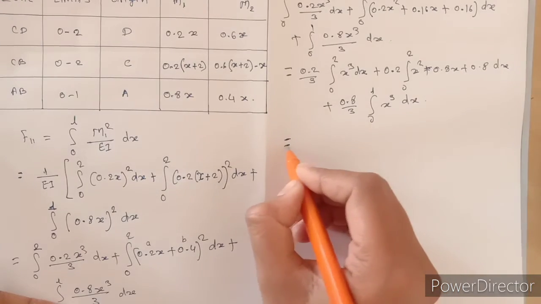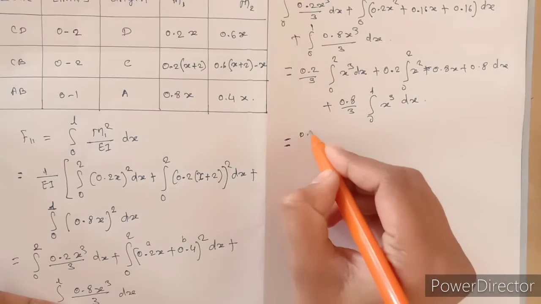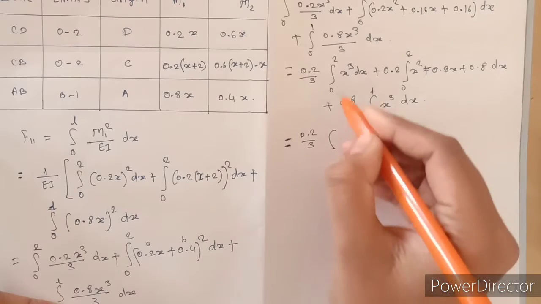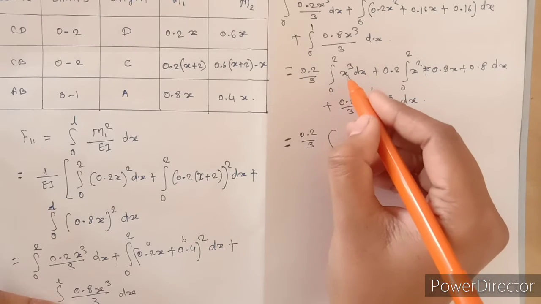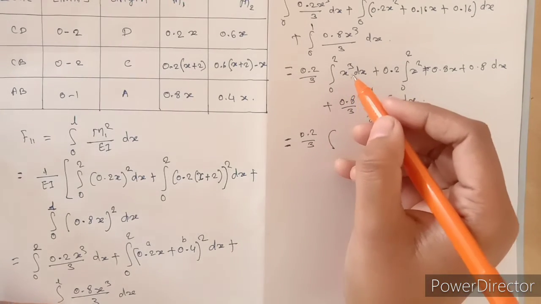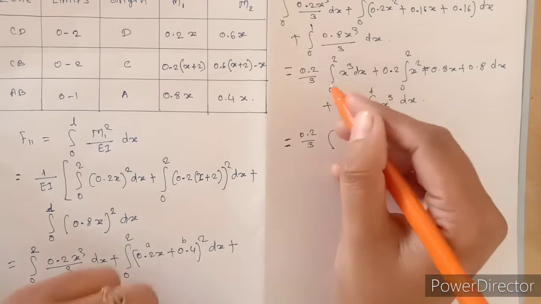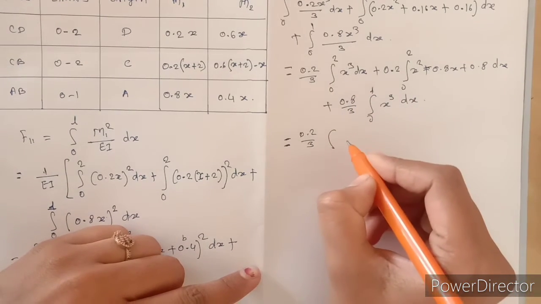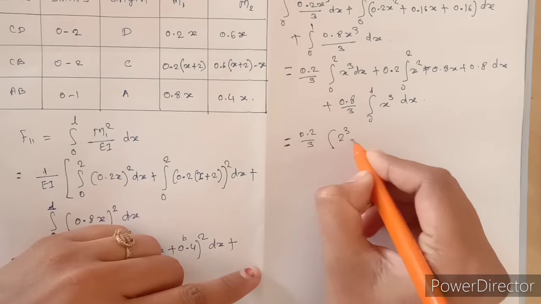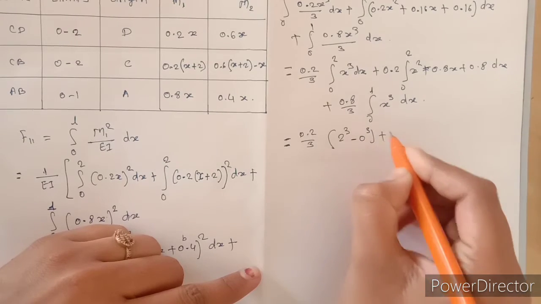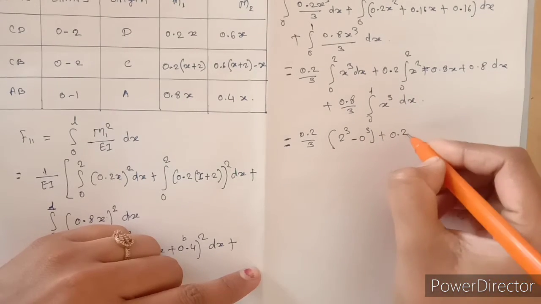Then next, this 0.2 divided by 3, put the limit over the x value. So here the limit is 2 cube minus 0 cube, plus 0.2.